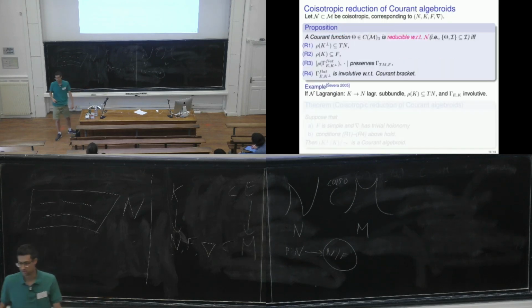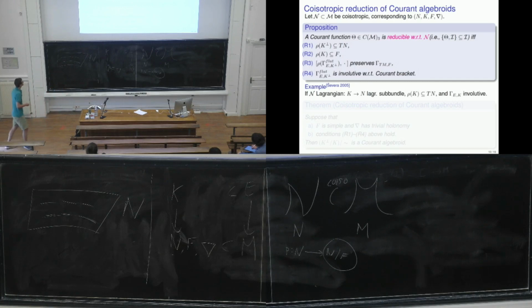Okay, so does this survive reduction? Well, we have to put some extra conditions because now we have this extra data, this degree 3 function. If I take a coisotropic submanifold in the graded world, I cannot expect that this function induces something on the quotient for free.